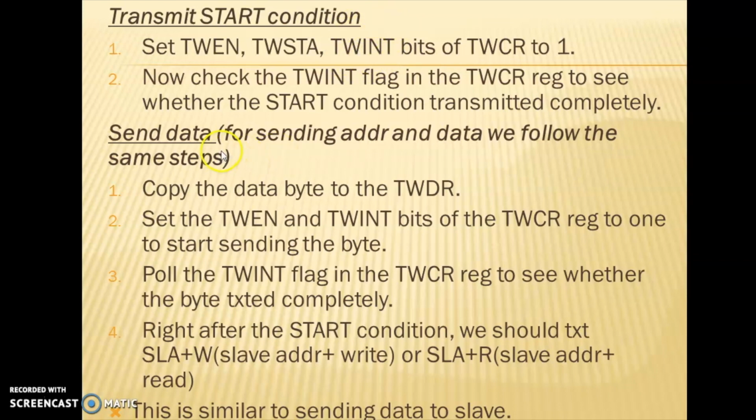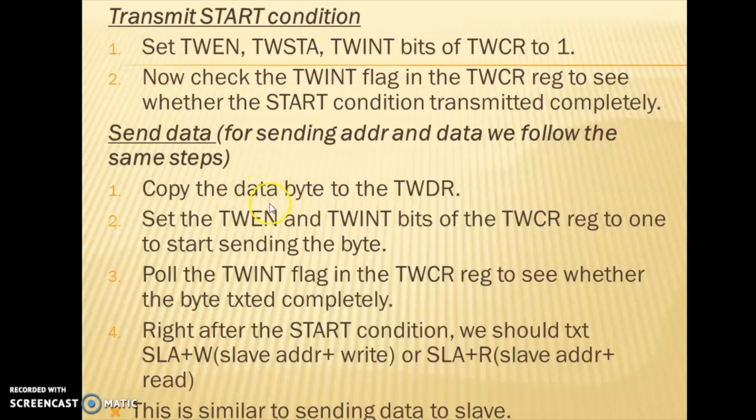Then next is sending a data. For sending an address and data, we follow the same steps. That is, first we copy the data byte. If we are sending the address, then the address byte will be copied to the TWDR register, or if we are sending the data, then we copy the data to the TWDR register. First we will see how the address is sent.